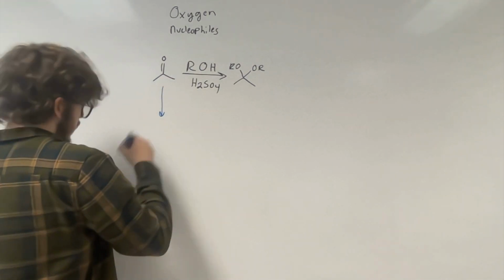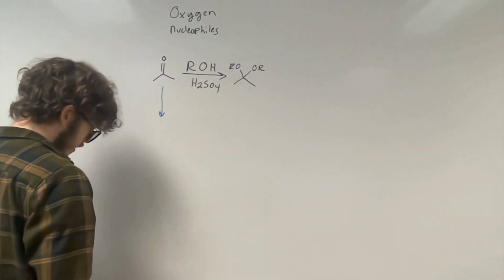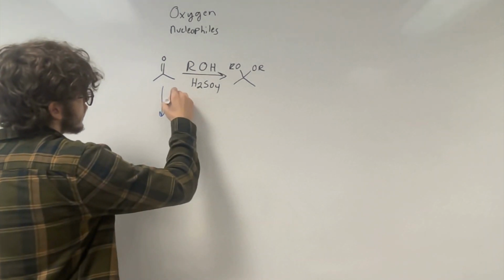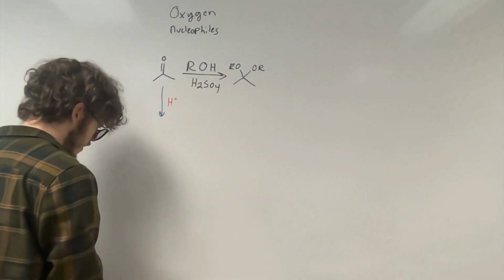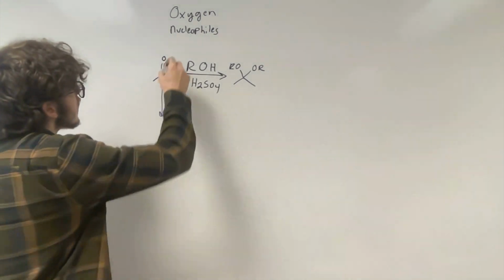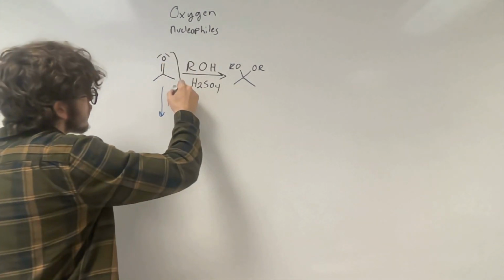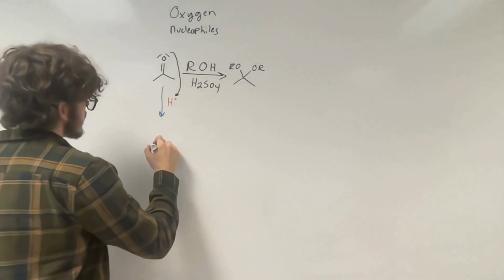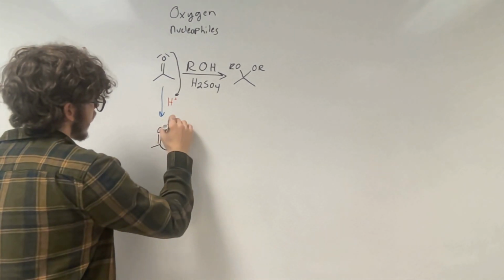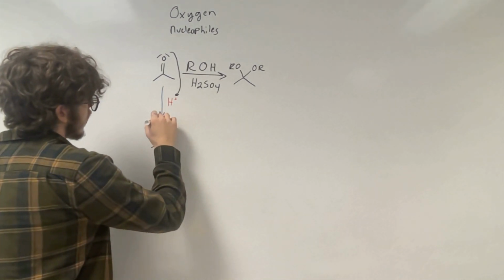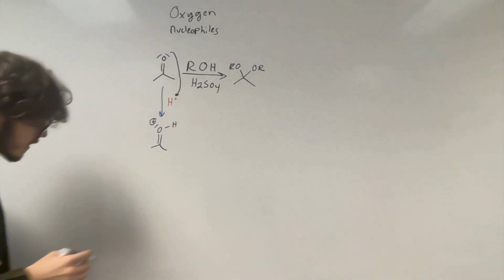So that's an acetal. Now, the general mechanism for this follows as such. First of all, we're going to use some acid, and I'll just draw it as H+. A proton in solution gets picked up by our carbonyl. This activates our carbonyl. Remember, we just talked about that. Our carbonyl is activated. Now what happens?